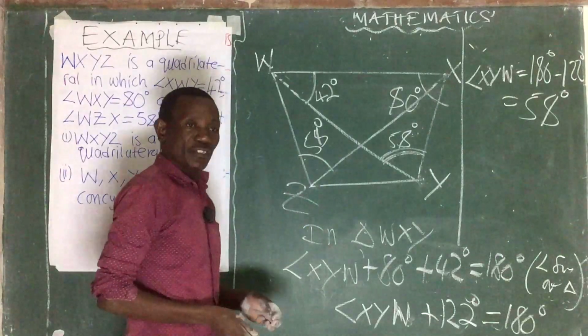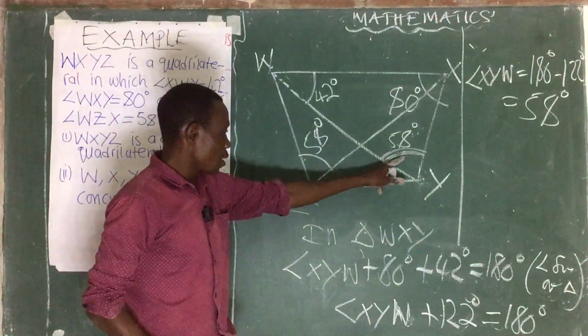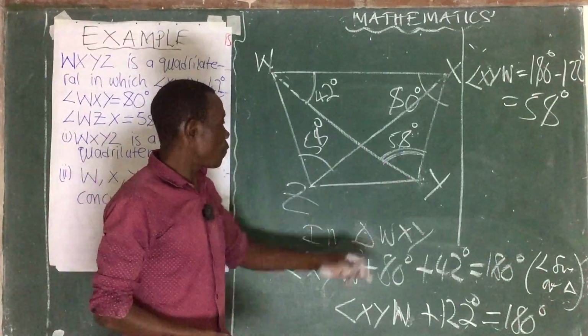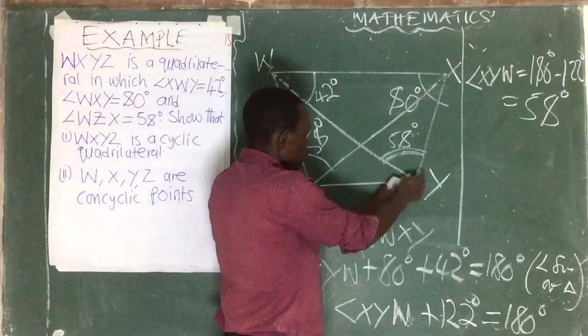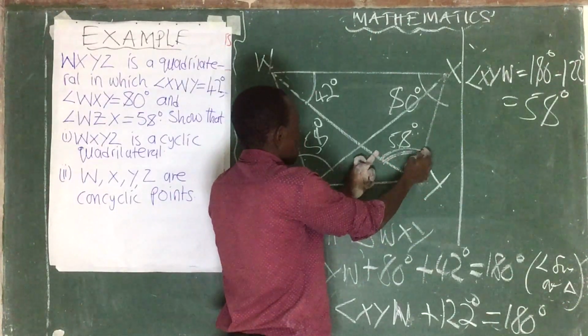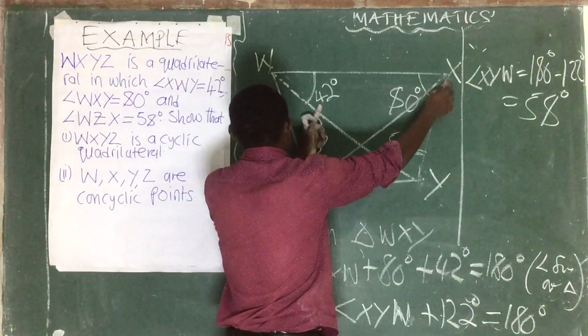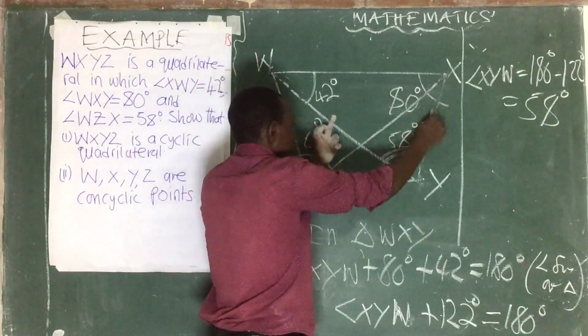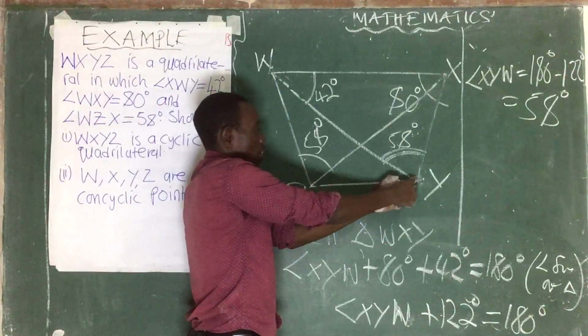The next question I have is, are these two angles subtended by the same line segment? If I follow this angle here, which has been made by this line and that line, I would see that this angle has a source from X and W. So it means WX is subtending this angle 58.